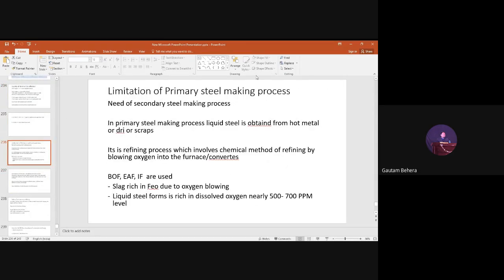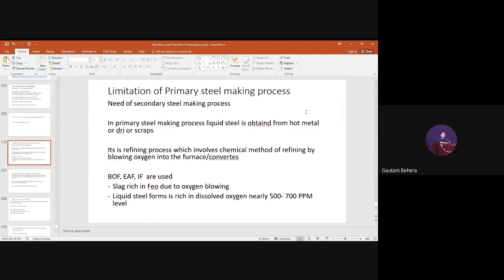Okay, next topic is limitation of the primary steel making process. You understand, primary steel making process means we are refining our hot metal, right? Hot metal means I'm talking about pig iron or molten impure iron. Pig iron contains a lot of impurities, like carbon, sulfur, silicon, manganese if it may be there, and phosphorus.